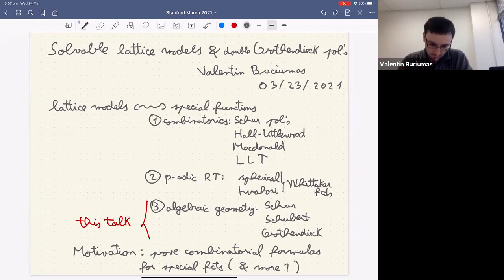So this is the main motivation, to prove these combinatorial formulas for special functions. And maybe at the end, if we have time, we'll briefly speak about Littlewood-Richardson coefficients.